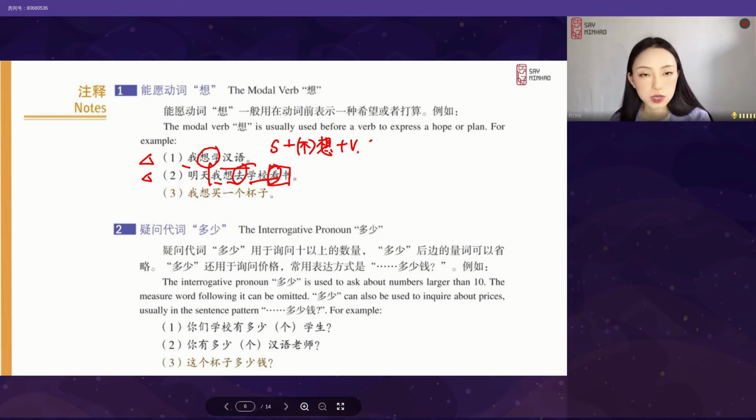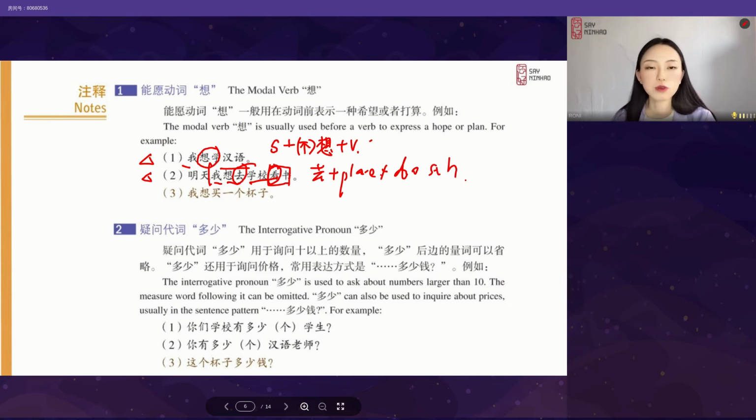Okay, verbs in series. We learned it in the last lesson. Verbs in series: 去 a place plus do something. 去学校看书, two verbs. 明天我想去学校看书. Tomorrow I want to go to school to read books.